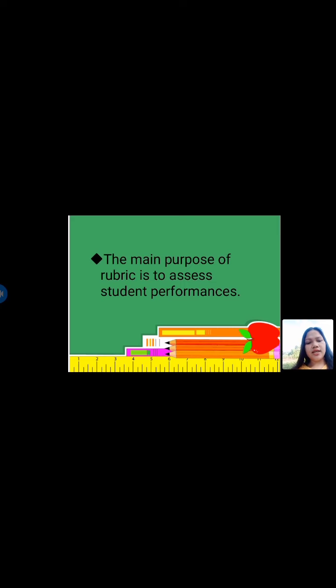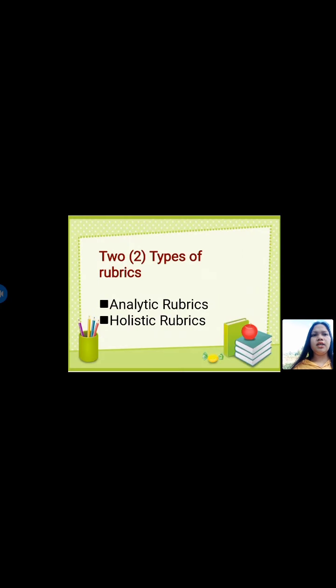It is a systematic way of collecting information about a particular behavior, knowledge, or skills. The main purpose of a rubric is to assess students' performances. Next, there are 2 types of rubrics. First is the analytic rubric, and next is the holistic rubric.